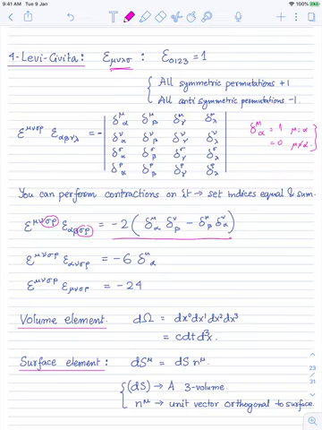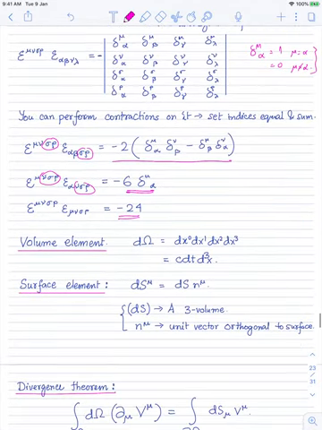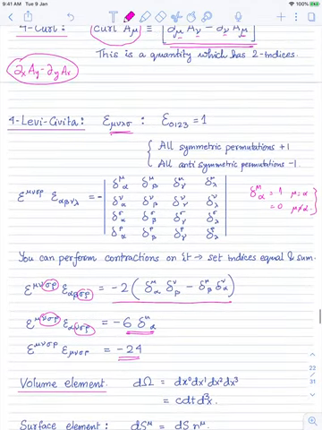When 3 indices are equal, you get this. And when 4 indices are equal, you get minus 24. Because the dimension is different, these numbers are different. You can just check and verify. Very good, so this is the Levi-Civita in 4 dimensions.